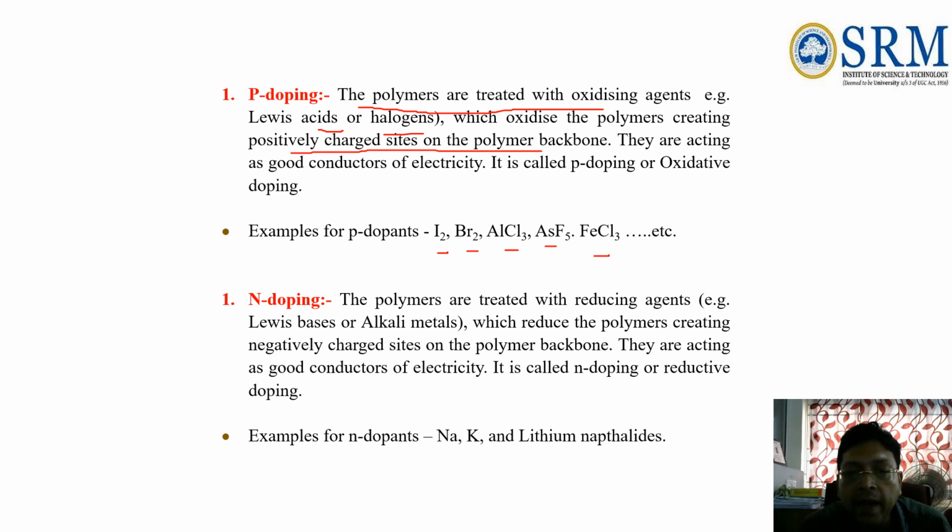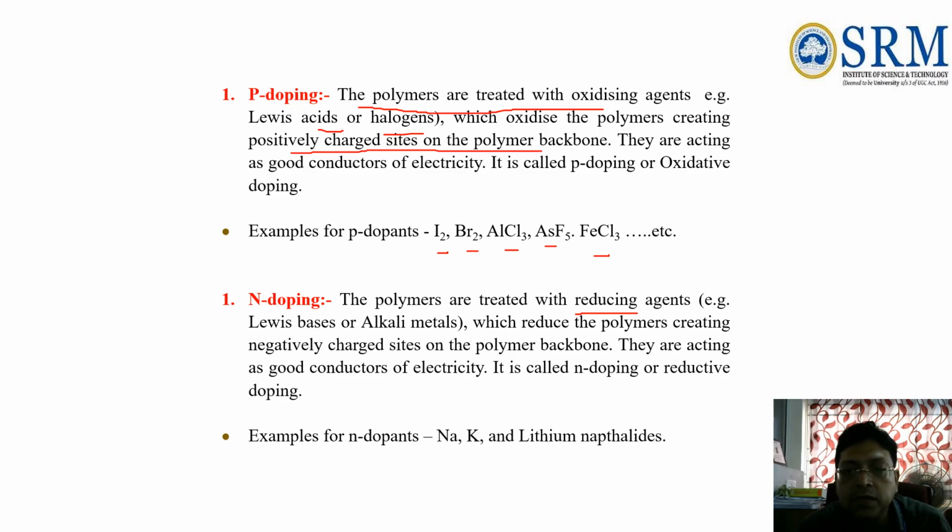And in the case of n-doping, the polymers are treated with reducing agents such as Lewis bases or alkali metals, which reduce the polymers by giving electrons. So in the backbone, there is a creation of negatively charged sites.